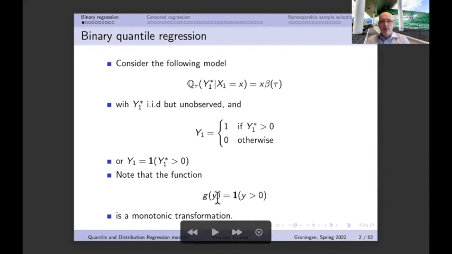Of course, then in that particular situation, this y1 is nothing else than g evaluated in y1 star. But the reason to represent it in this form is that we should realize that g(y) is a so-called monotonic transformation. Well, we will see on the next slide, it's an increasing function. And remember that there is a relationship between quantiles and monotonic transformations that we will discuss later.